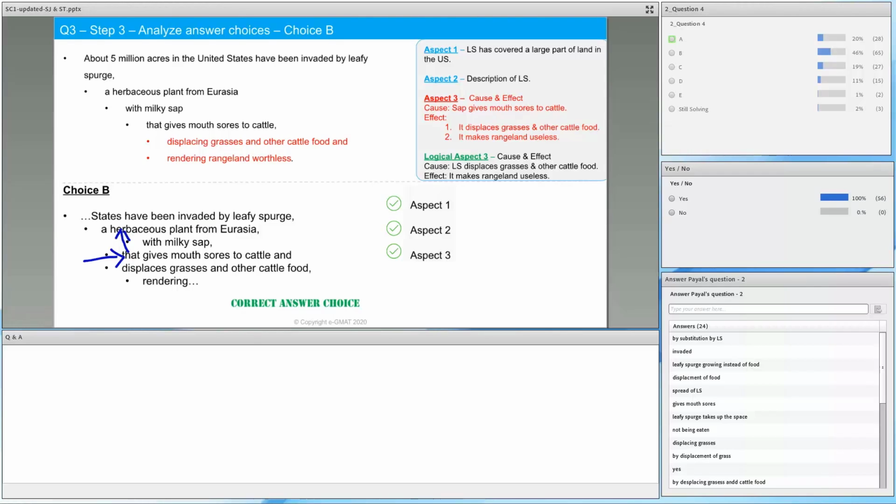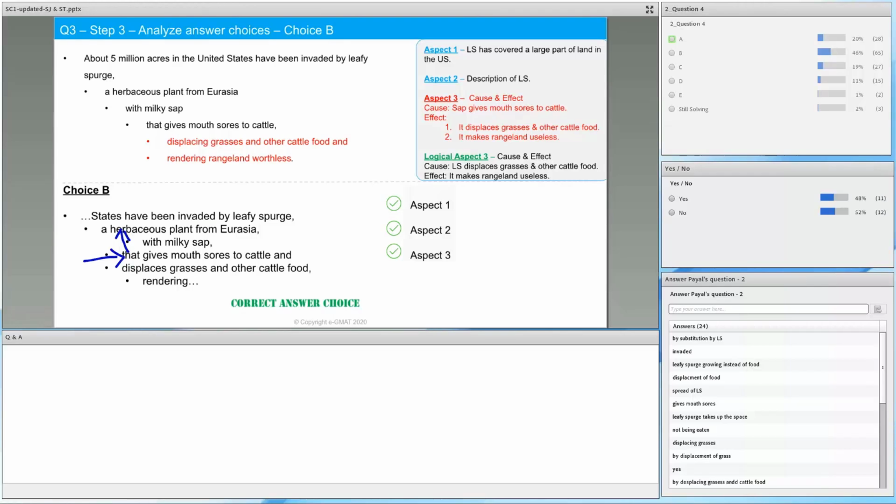Is this a logical analysis? So let me ask you this. Are leafy spurge and milky sap mutually exclusive entities? Are they mutually exclusive? Leafy spurge is a different entity altogether. Milky sap is a different entity altogether. So by any chance, if the cattle lick the milky sap, they will get the mouth sore.